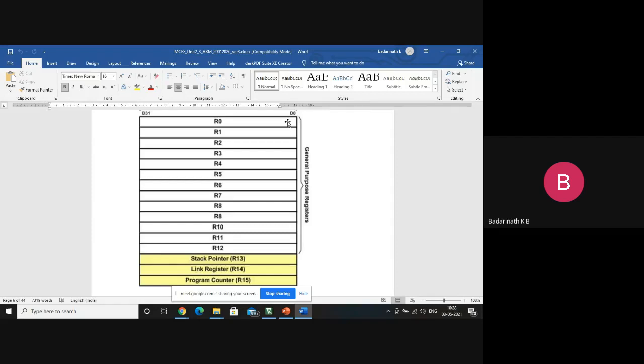Similarly here, there are no explicit declarations. R0 can be used for storing either data or a memory address. It is left to the programmer how to use a register to implement his logic.